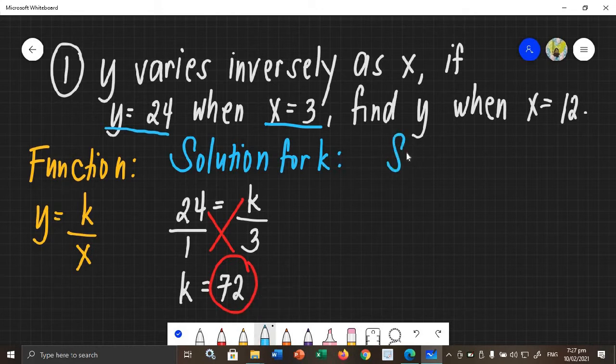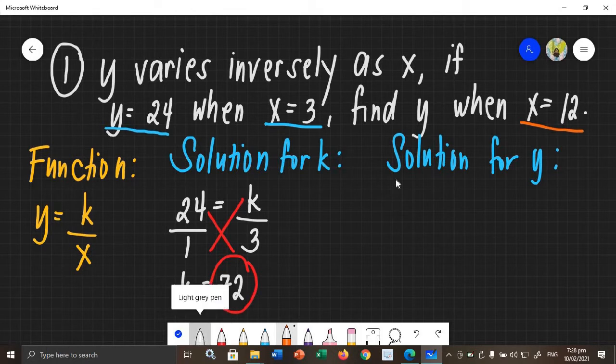Ngayon, your second solution is for the value of y. Kasi yun yung hinahanap mo, value ng y. So, para makita mo yung value ni y, you need to use the value of k that you solve and then the second value of x in the problem. Okay?